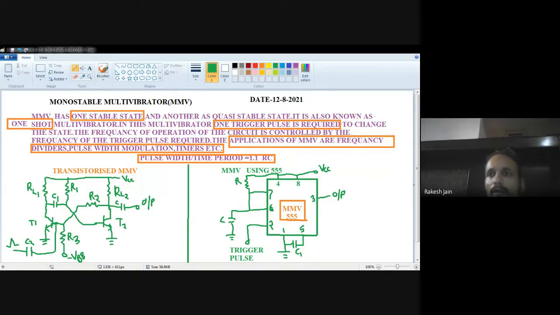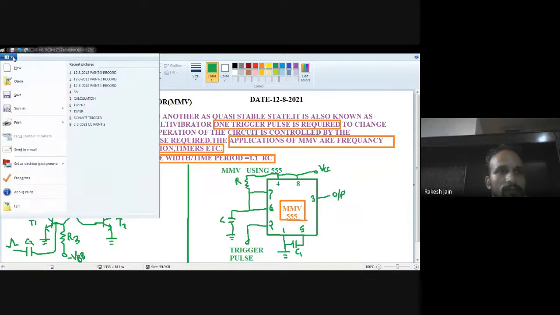Now we have to see the bistable multivibrator diagram, that is also known as flip-flop. So I just save this file and open the new one.